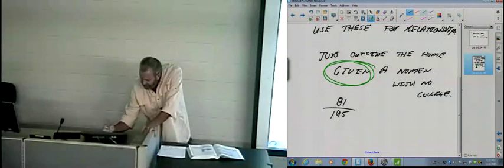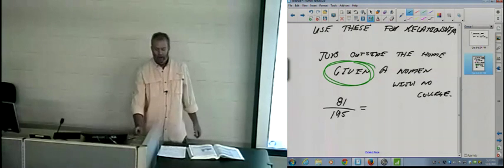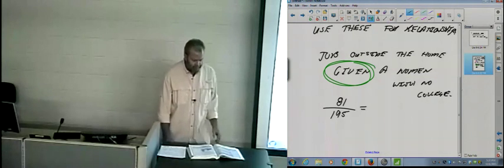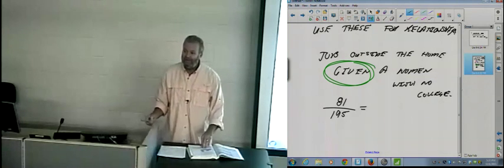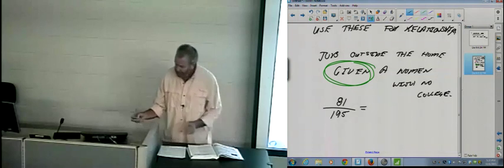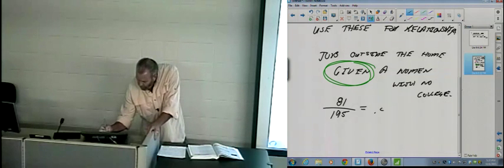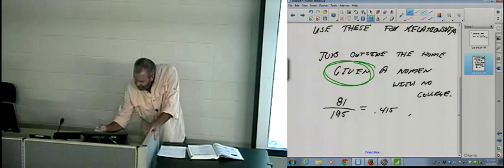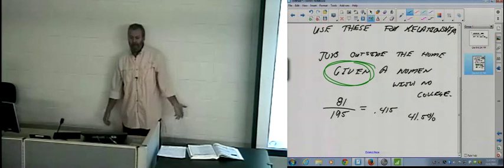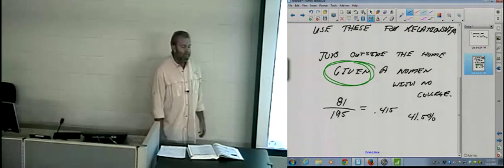What's that proportion? What is 81 divided by 195? It's 0.415. So that means 41.5% of the women with no college said a job outside the home.